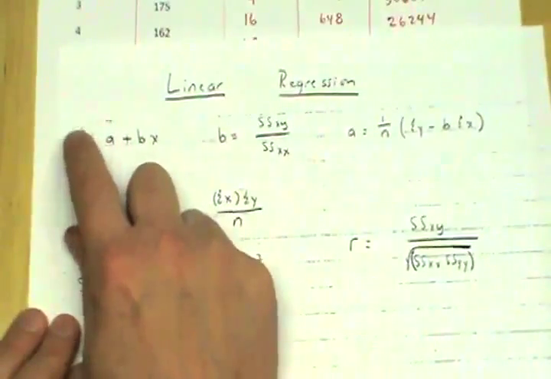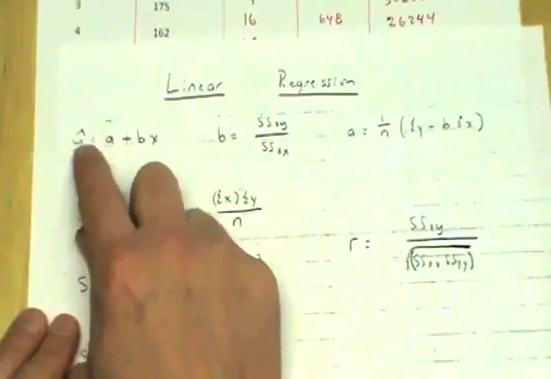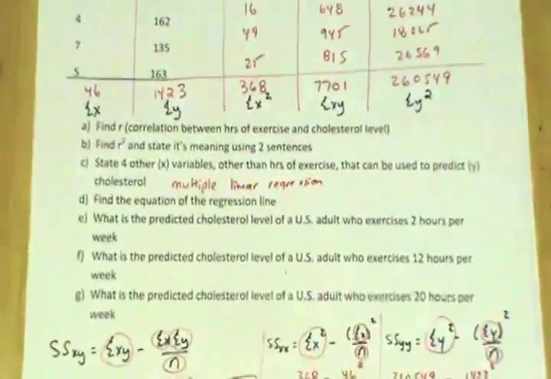The hat means it's from a statistical line, so y hat equals a plus bx. Okay, so we'll get a new sheet of paper. So in finding y hat equals a plus bx, your goal is to find a and b.